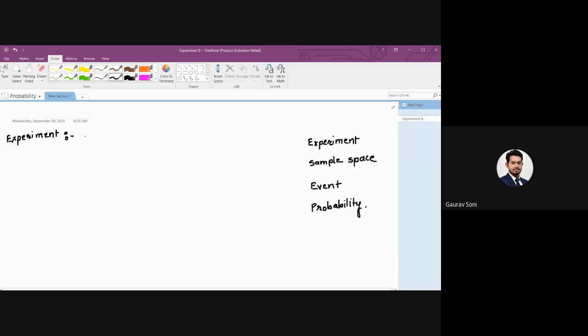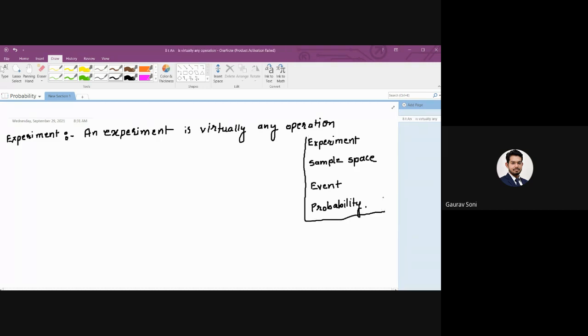An experiment is virtually any operation that results in one or more outcomes.